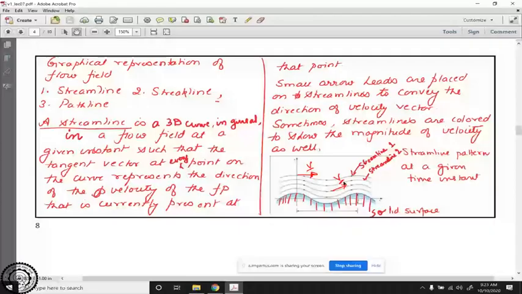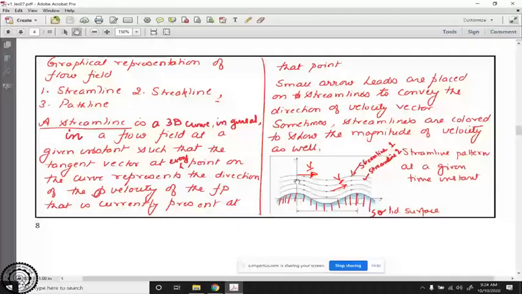On the other hand, if I put these lines, which are individually called streamlines, they show how the velocity at this instant is oriented, right? Because if I go to this curve and draw a tangent at that location, that gives me the direction of the velocity of that fluid particle, which is right now occupying the point where you have drawn the tangent.